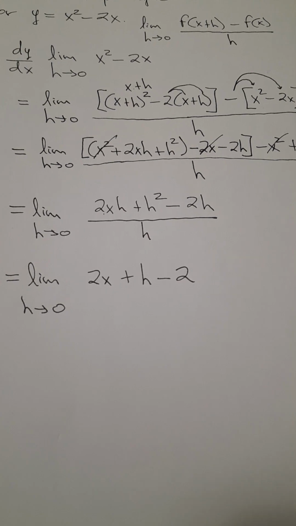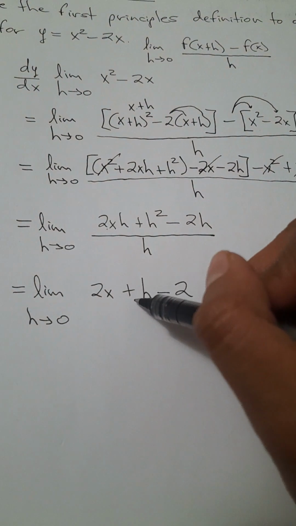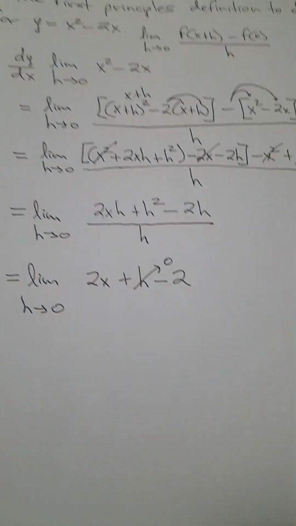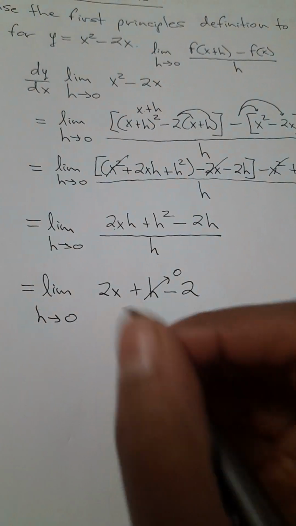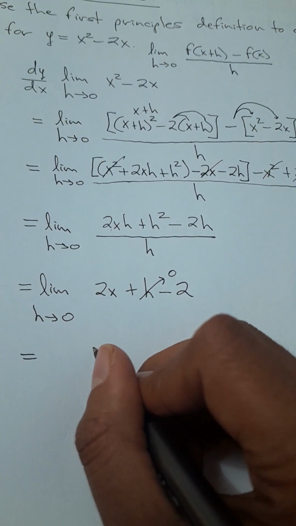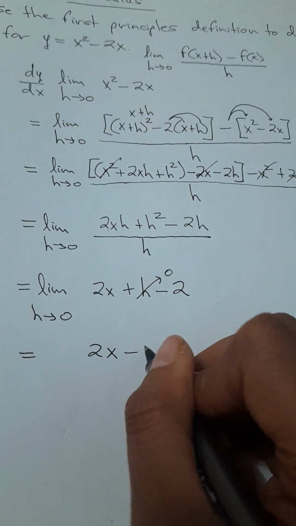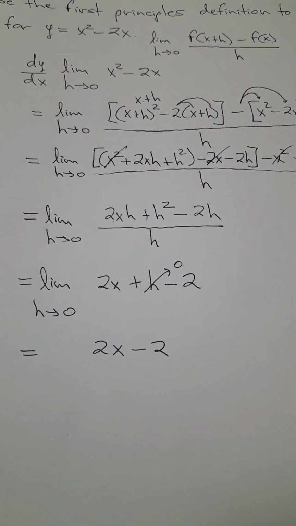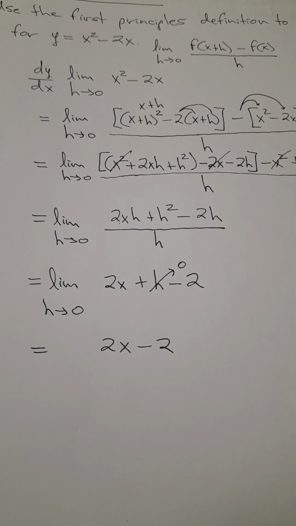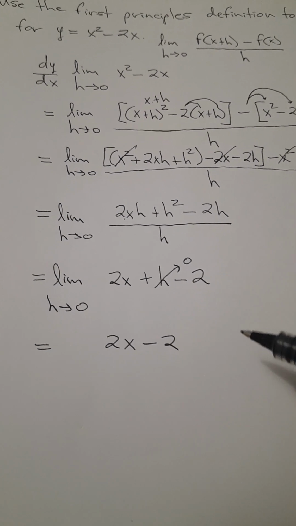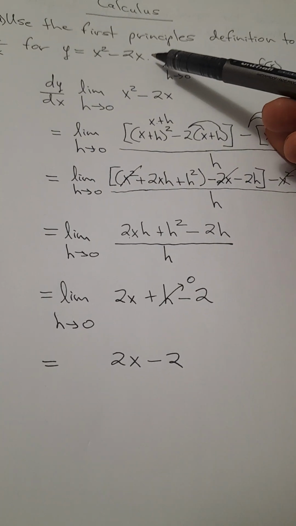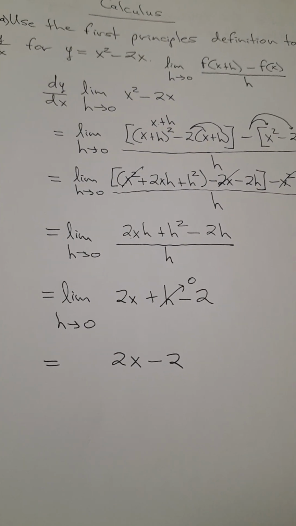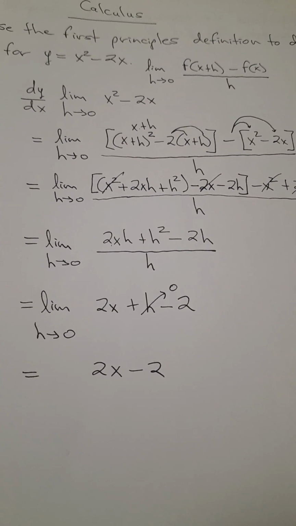And in this final step, we're going to take h approaching 0. So I'm just going to put a 0 like this. We're going to put equals, and we're left with 2x minus 2. Okay, and we can see that basically this is the derivative of my function, which was y equals x squared minus 2x.